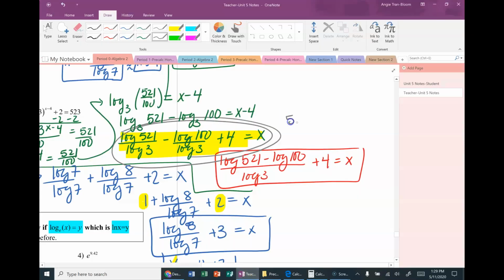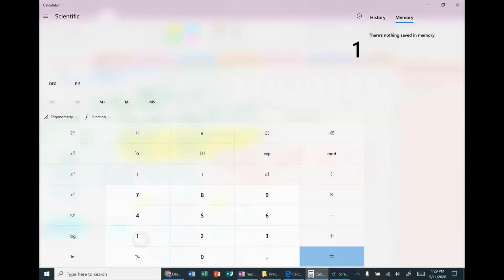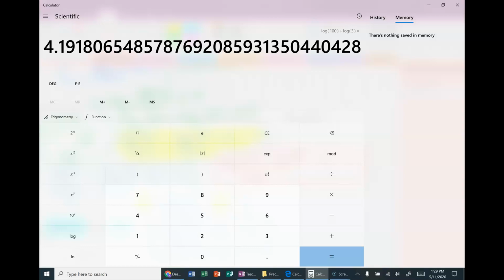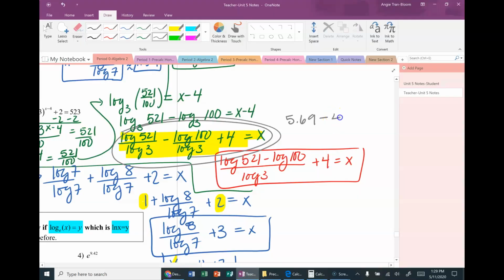Okay, 5.69, take away, don't forget to hit enter like what I did, 100 log divided by 3 log, hit enter, 4.19, and then plus 4. So it comes out to be about 5.44. Okay, there you go. And that concludes our notes.